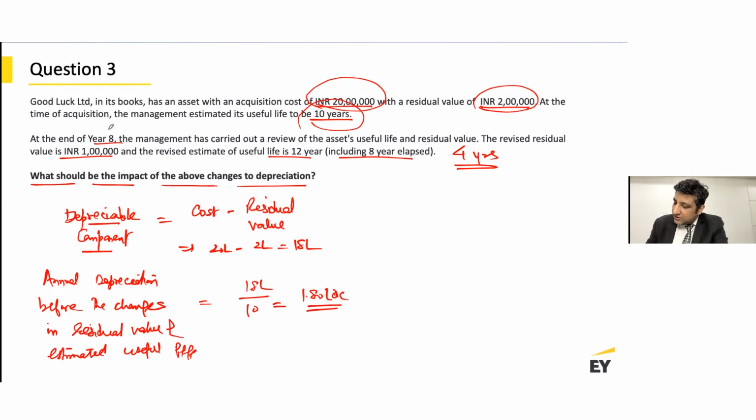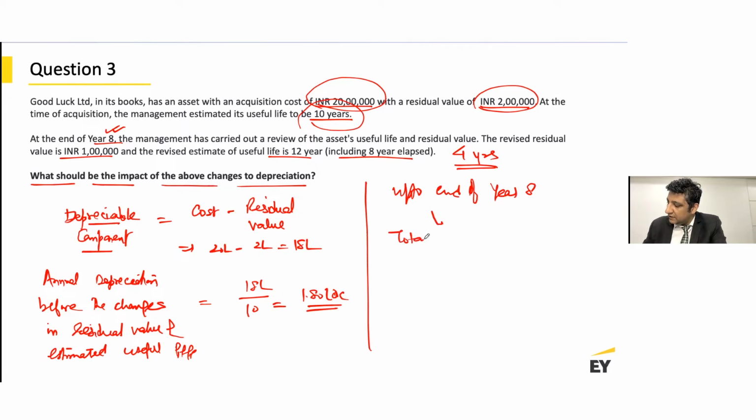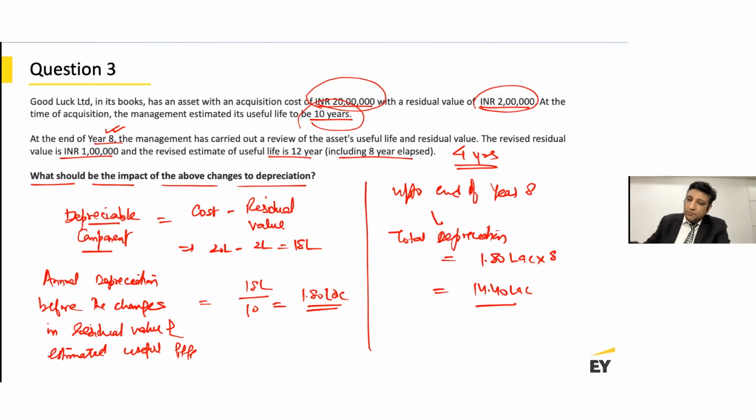So I would continue to charge this depreciation for 8 years as such, which means that up to the end of year 8, my total depreciation will be calculated at 1.8 lakhs into 8, and that will be 14 lakh 40,000 rupees. Okay. Now, at this point in time, there is a change in both the residual value and the estimated life.